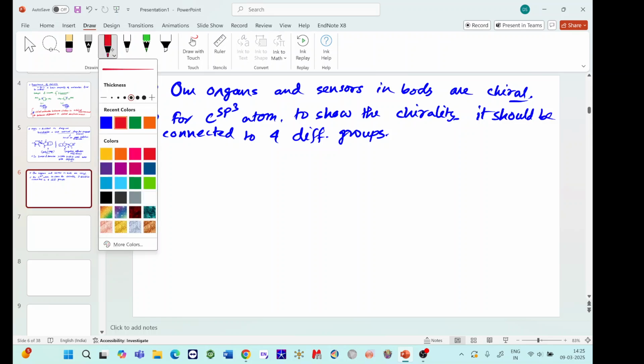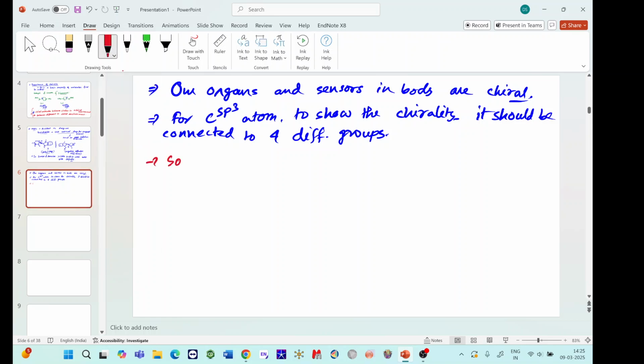Sometimes this chiral center is also depicted as a stereo center. Why?